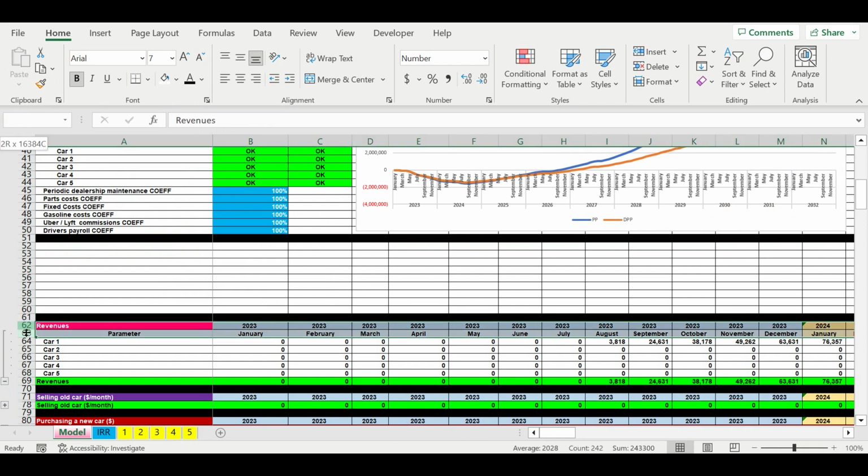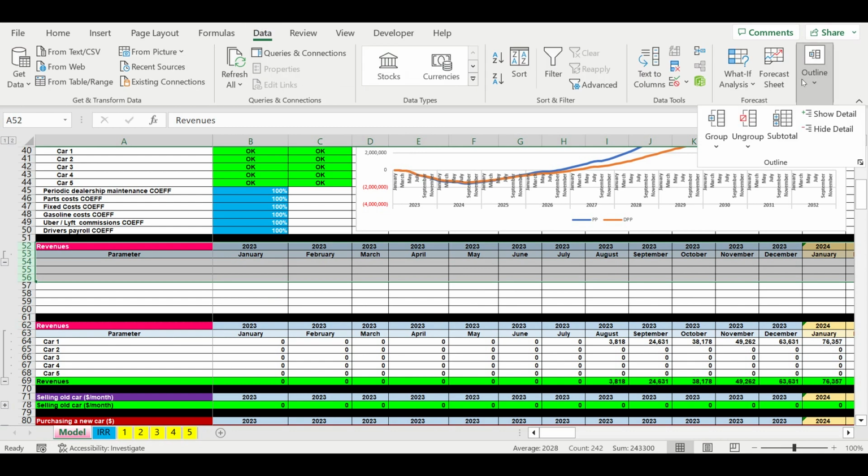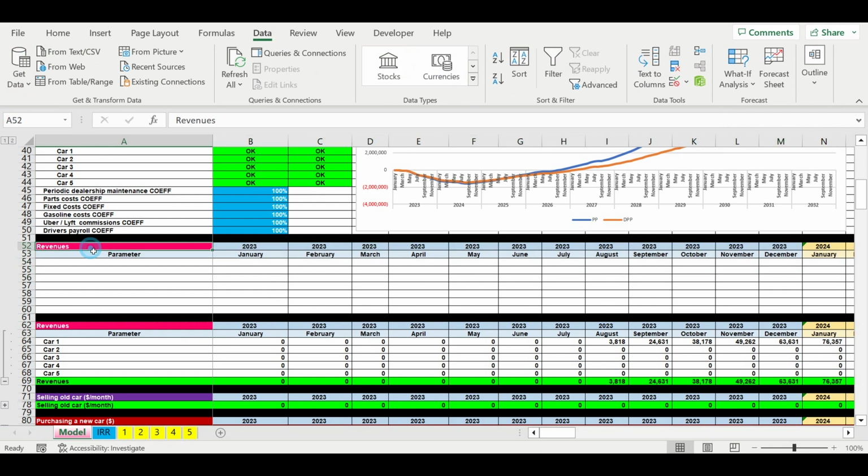Let's copy this timeline. So let's call it revenues, costs, profit, and profitability.